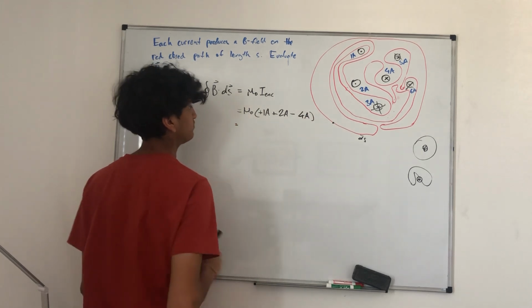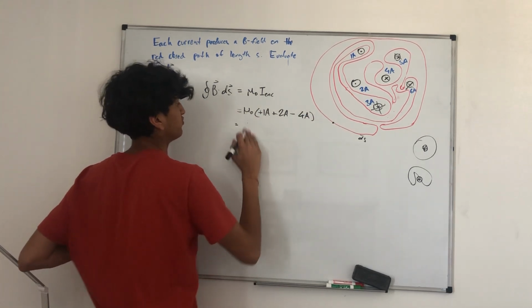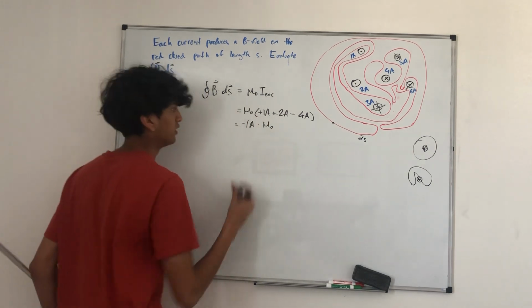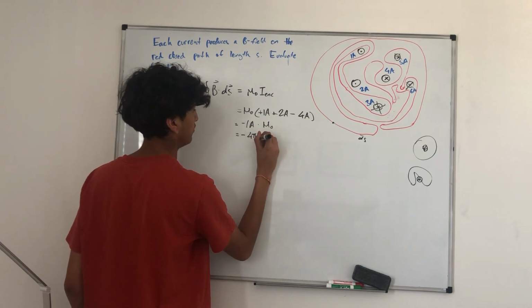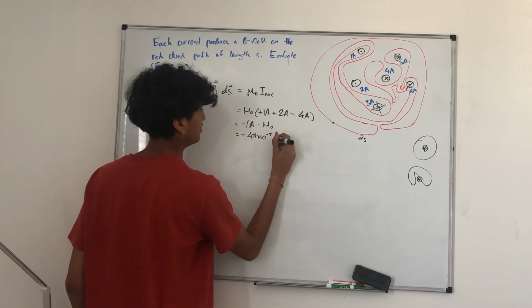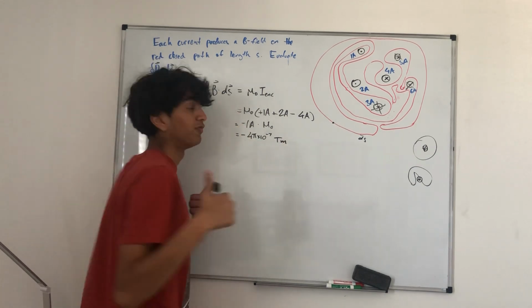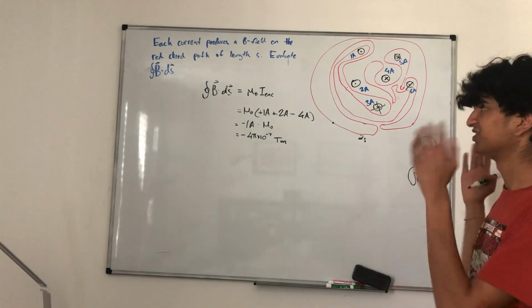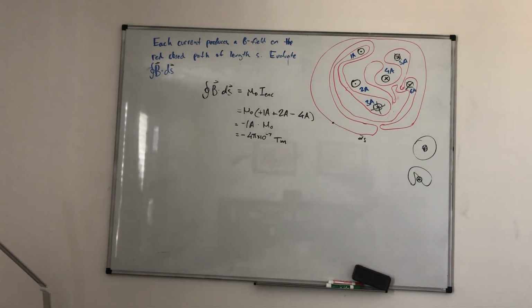You get minus 1 amp times mu naught, so negative 4 pi times 10 to the negative 7th Tesla meters. Hopefully this shows how you can use Ampere's law to make really crazy problems like this a little bit easier. Thank you for watching. Quick, short little video.